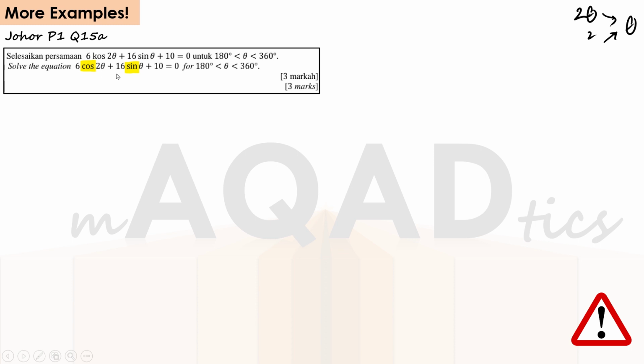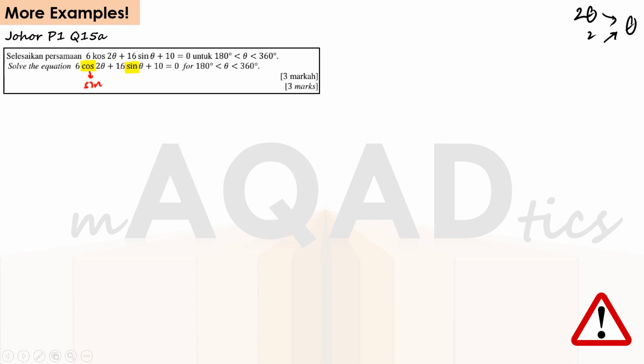I would suggest don't focus on the function itself, focus on the things inside the function. We have 2 theta for cos, theta for sine. So our approach is we should change functions that have 2 theta or square to the ones that have theta only. So this means we should change cos to sine.